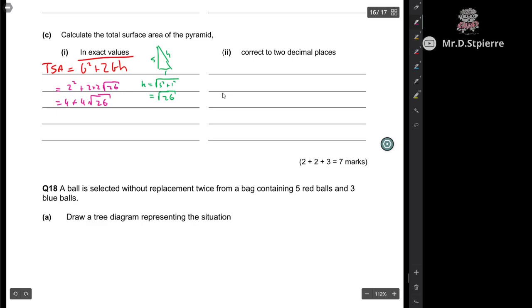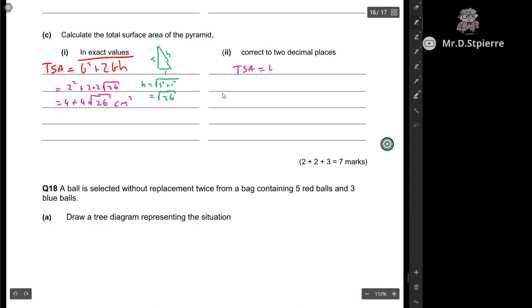Now 26, can we simplify that at all? Can we divide by 3? No. Can we divide by 4? No. 9? No. So that's it. That is centimeters squared, correct to 2 decimal places.